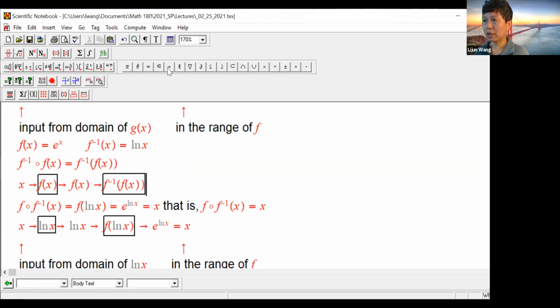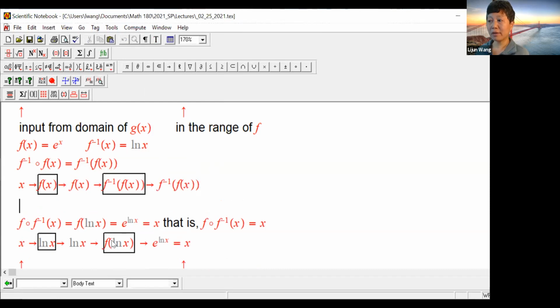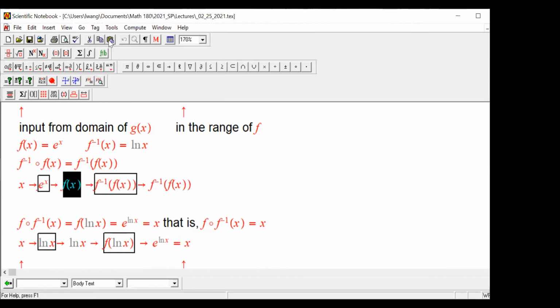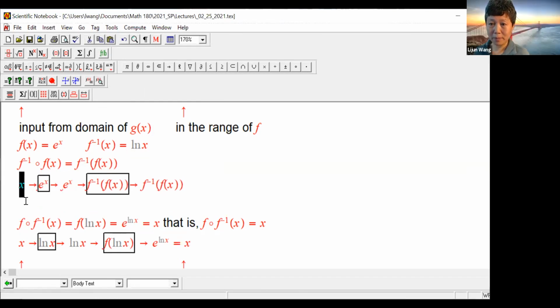There you go. So the output will be that. So the inverse rule applies. As we apply this to this concrete function, this x is given to f of x first. We know our f of x is e to the power x, right? E to the power x has its domain and range. So x can be any real number, because x is from the domain of e to the power x.